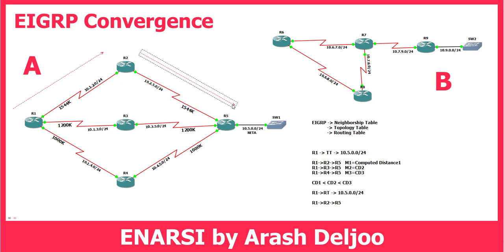If the best path fails, we should find the next path, and for finding the next path, we can use the topology table. Actually, we can say in the topology table we have all paths. If the current best path is not available, we can use the next best path, the next lowest metric.